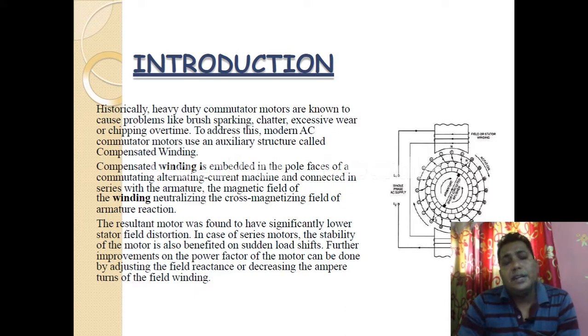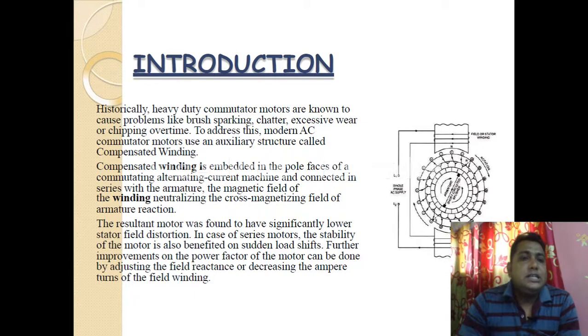Historically, heavy duty commutator motors are known to cause problems like brush sparking, chatter, excessive wear or chipping overload. To address this, modern AC commutator motors use an auxiliary structure called a compensating winding.